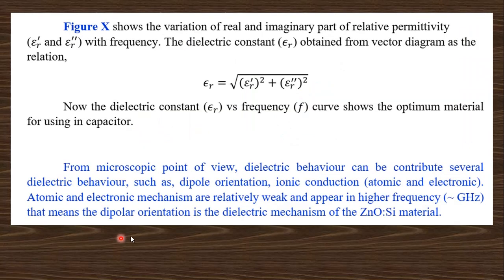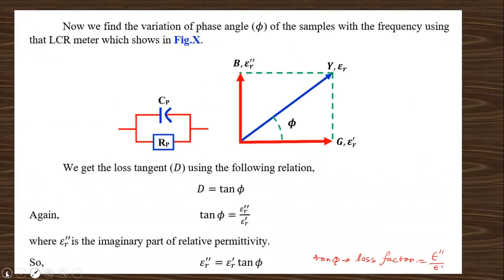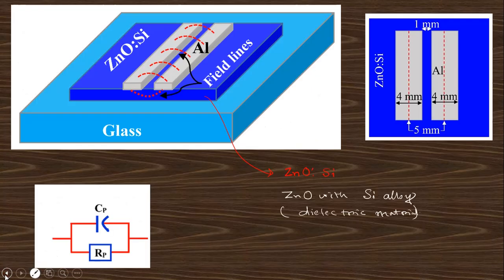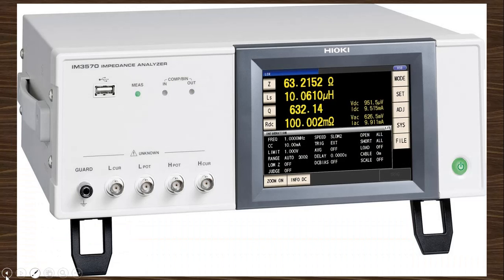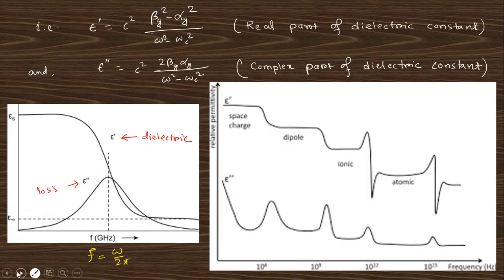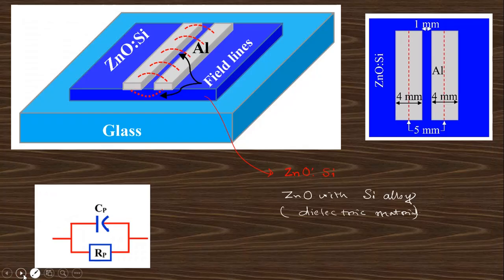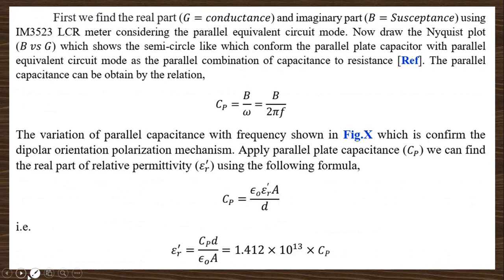Clear? The total dielectric constant is nothing but the root of the real part squared plus the imaginary part squared. Okay, so this is the mathematics happening in this instrument, and finally we get this spectrum, and from this spectrum we get the dielectric constant, and you get an idea of how the material behaves, in which transition it behaves. You can get an idea of this material from this spectrum.